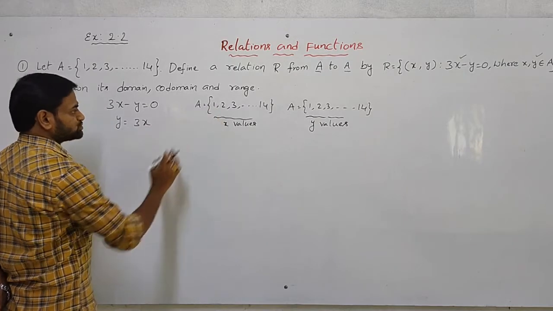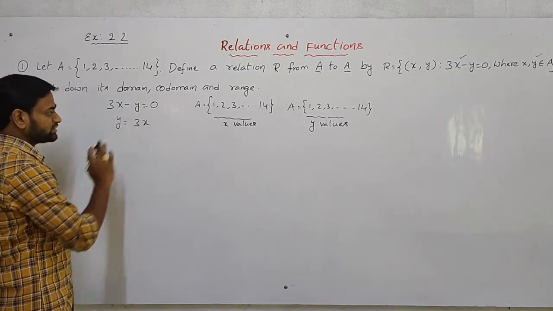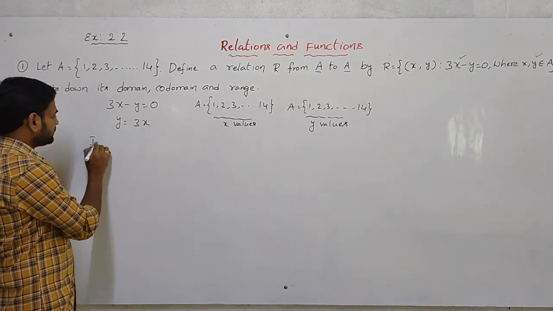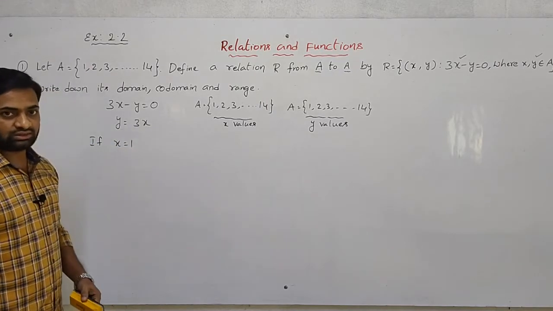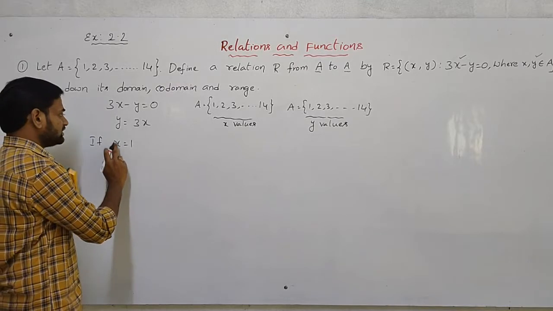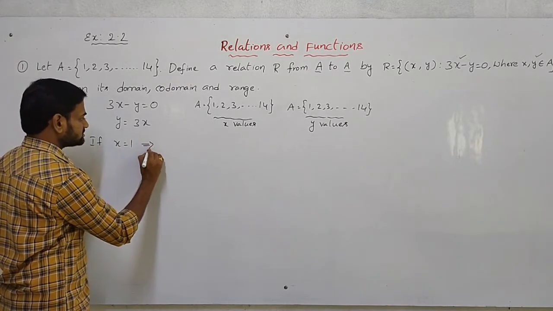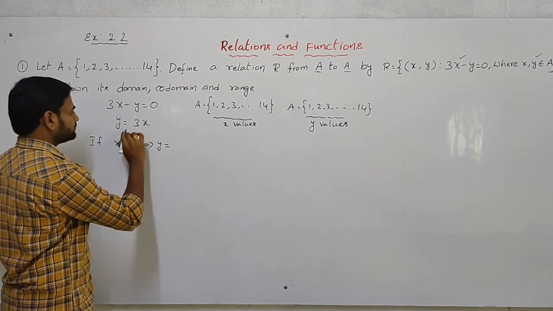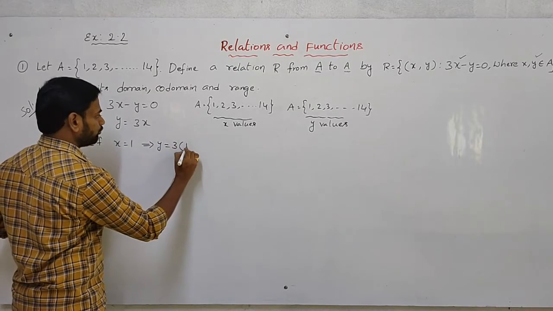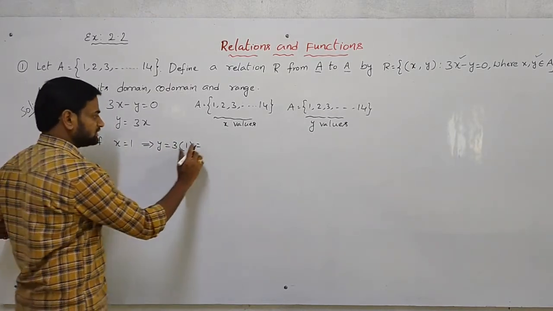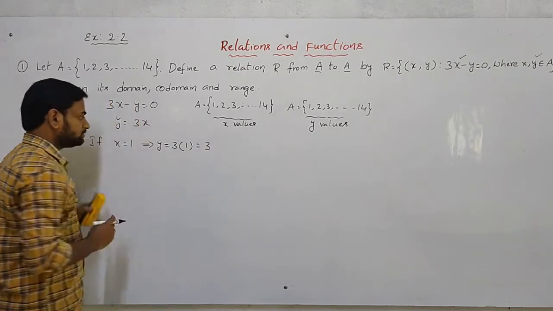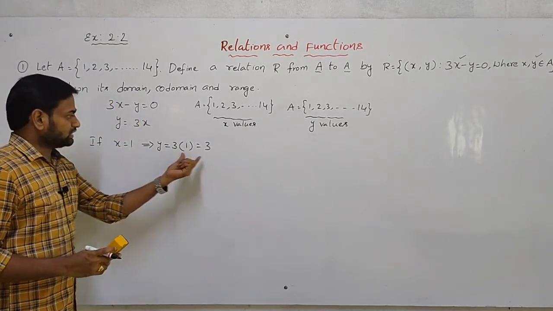Now first I am taking the x value as 1. I want to substitute. If x equal to 1, then what is the y value? That implies y equal to 3 into 1, since the x value is 1. 3 into 1 is 3. Now this y value is 3.